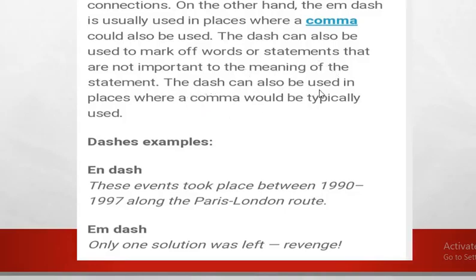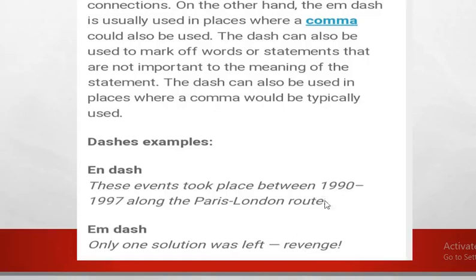En dash: These events took place between 1990–1997 along the Paris and London route. Em dash: Only one solution was left — revenge.